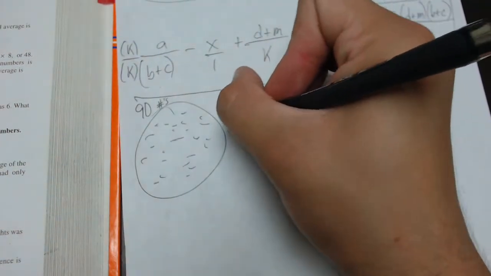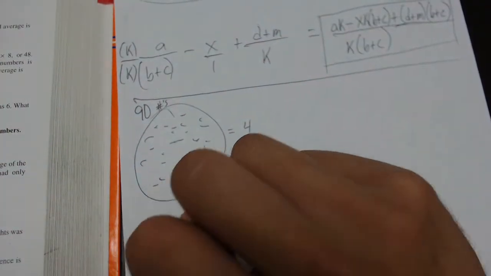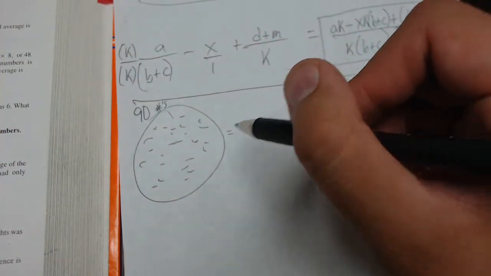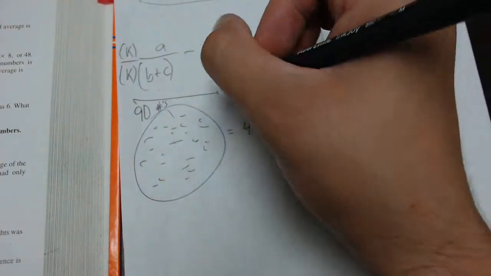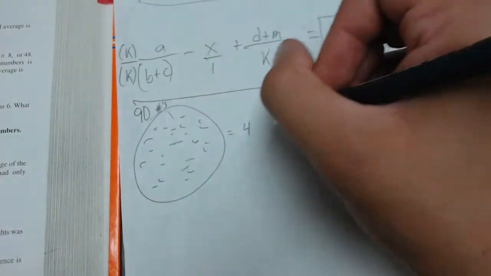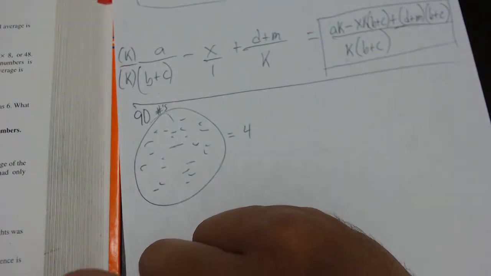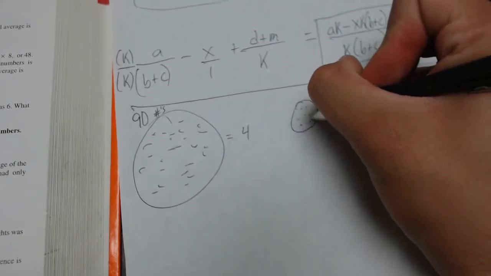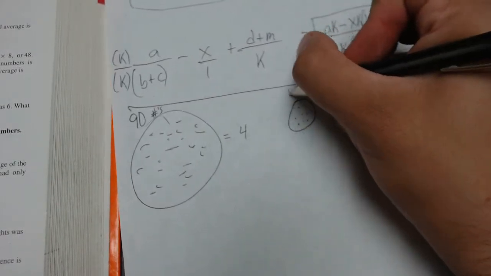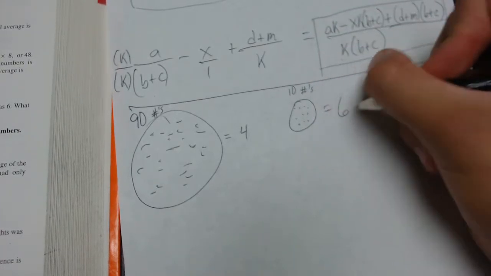And we're saying that their average is equal to 4. So if we were to add up all 90 of those numbers and then divide them by 90, we would get 4. All right? So this is all 90 numbers averaged out. Then they tell us the next group is only 10 numbers. So we have a smaller group of 10 numbers, and their average is 6.